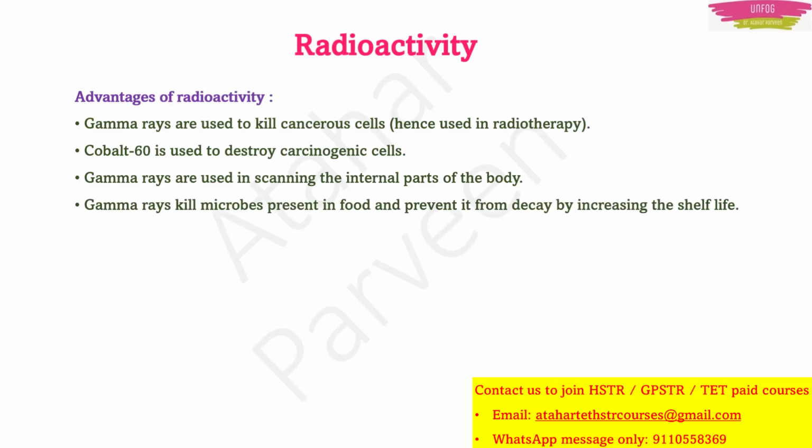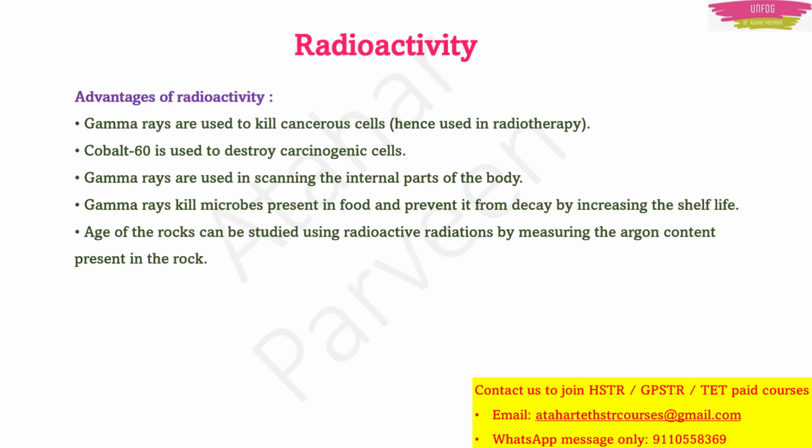Gamma rays are also used in killing microbes present in food, so that food is prevented from spoiling. It can increase the shelf life of that food. And then you can also find the age of rocks using radioactive radiations. You can use the argon content measurement present in that rock, and then you can know how old that rock is.